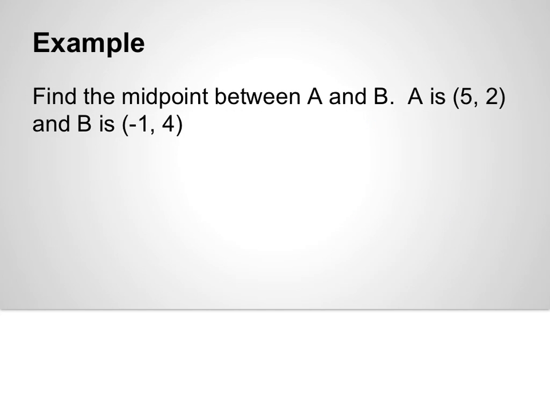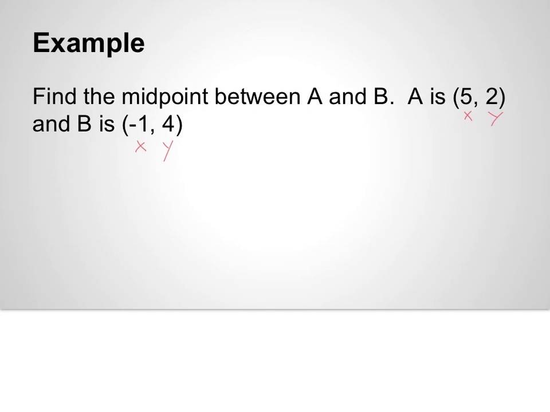Now we don't have a graph available to us. One thing you could do is throw these points on a graph and figure it out graphically like we did with that last example, or just throw it right into the equation. That's what I'm going to do here. We've got 2 coordinates, 5, 2 and -1, 4, and they each have an x and a y.